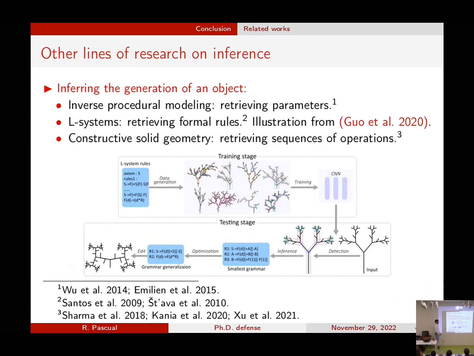That's the case in inverse procedural modeling, where we try to retrieve parameters of rules. On L-systems, we can also extend this inference to retrieving formal rules. And in CSG, the idea is to build a tree that generates an object given a shape.